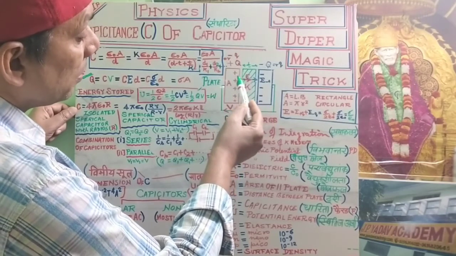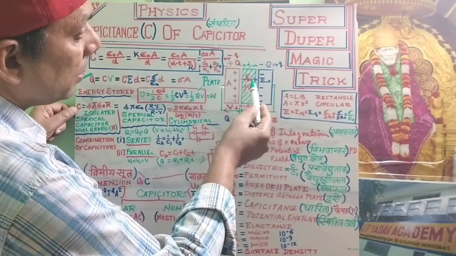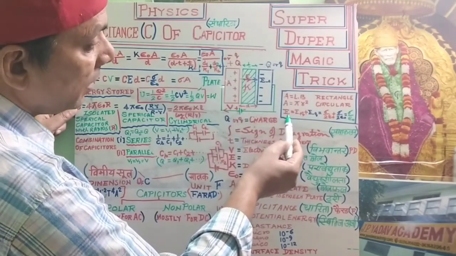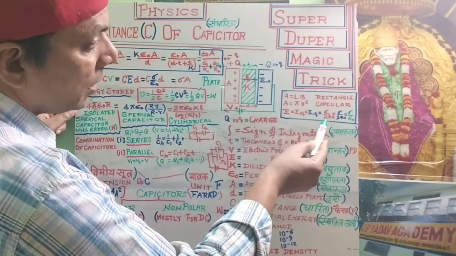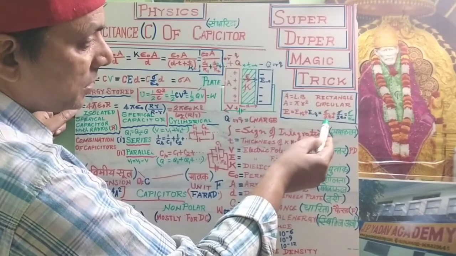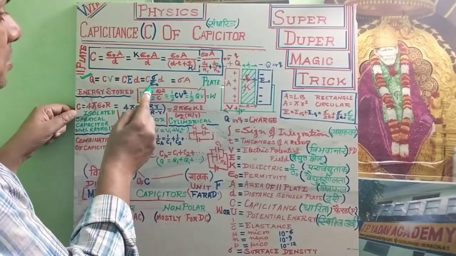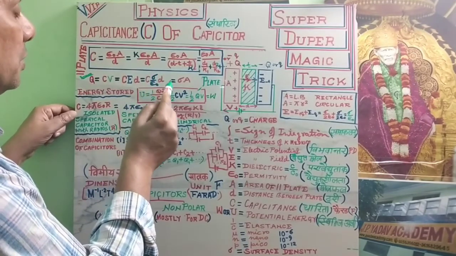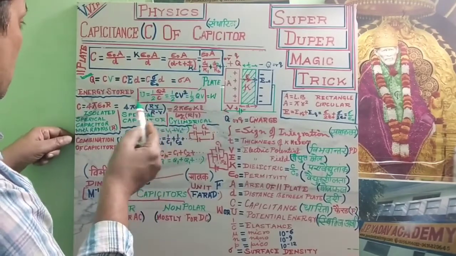Due to the charge, both fields are in the same direction, so net E equals E due to plus Q and E due to minus Q, and finally sigma by epsilon 0. Putting this value in V, we get sigma by epsilon 0 into D. This value is also equivalent to sigma A for the plate.